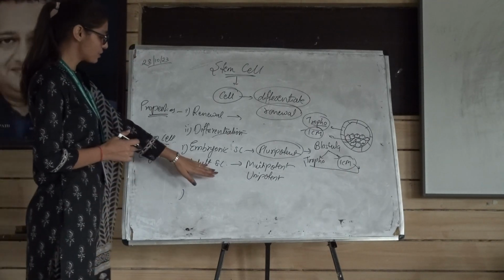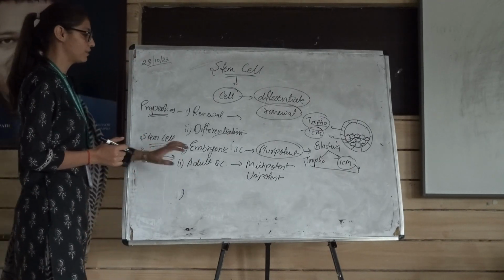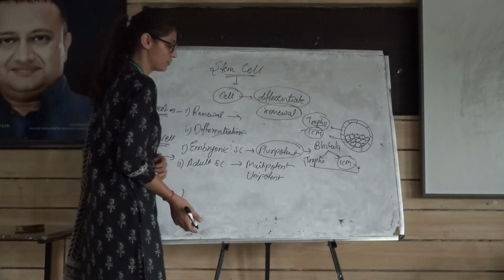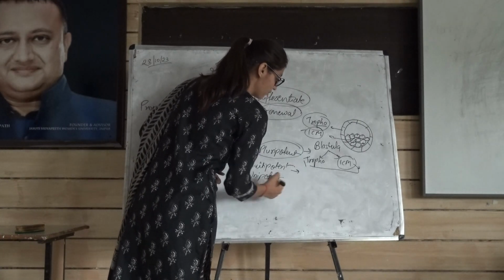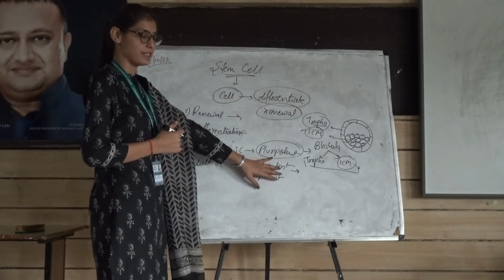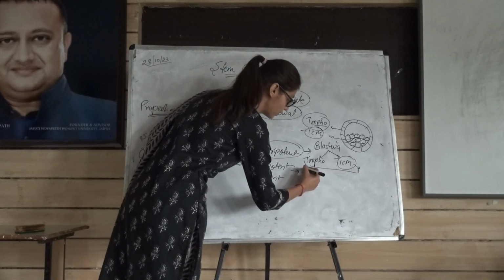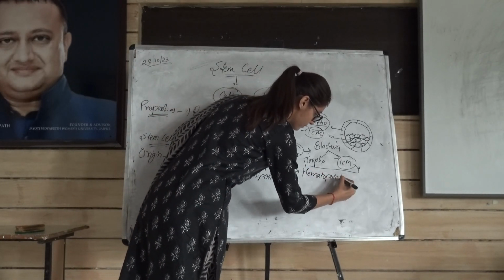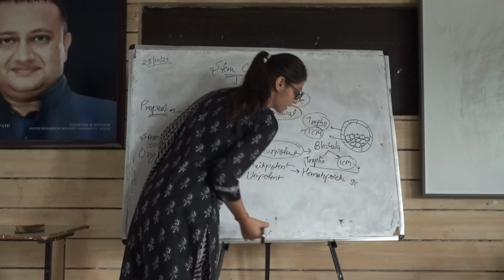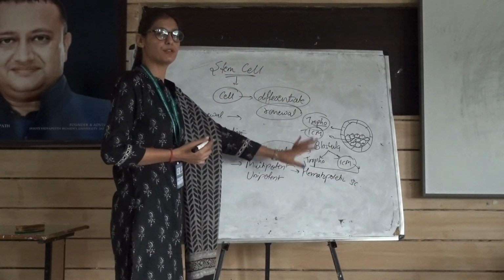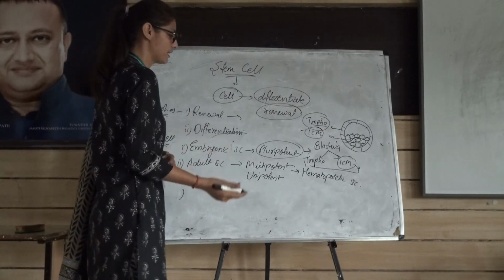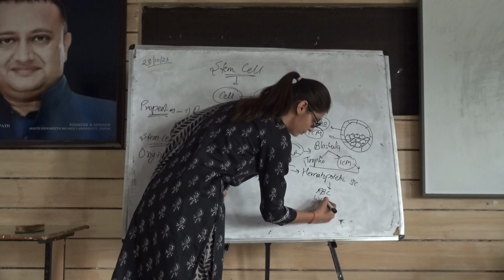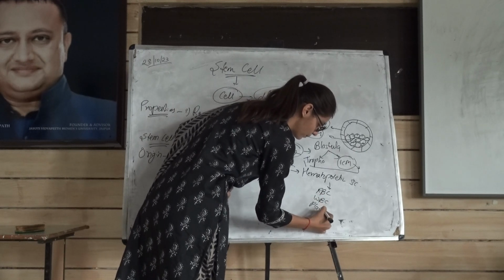Second one is the adult stem cell. Adult stem cell has the categories of multipotent and unipotent cell. Multipotent cell, as we see, can form multiple types of cells. We can take the example of the hematopoietic stem cell. Hematopoietic stem cell means a stem cell which produces all types of blood cell, that is RBC, WBC and platelets, right?